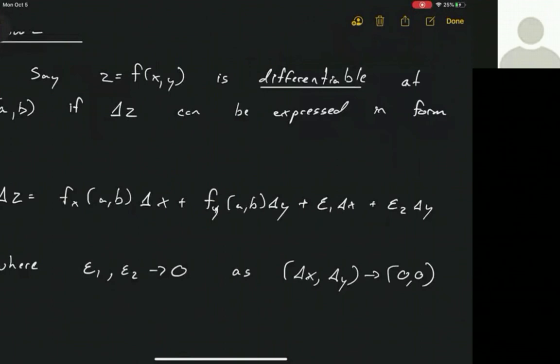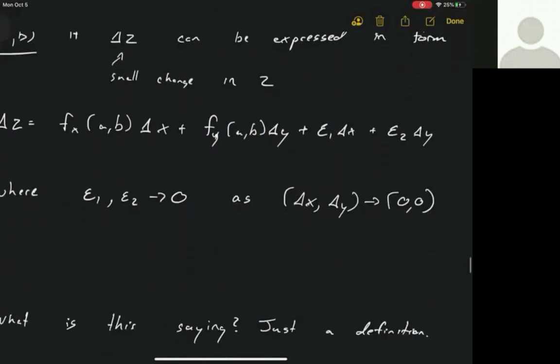Okay, so let's say you have a function z equals f of x, y. We're going to say it's differentiable at the point a comma b if delta z, think of delta z as a small change in z, can be expressed in this form.